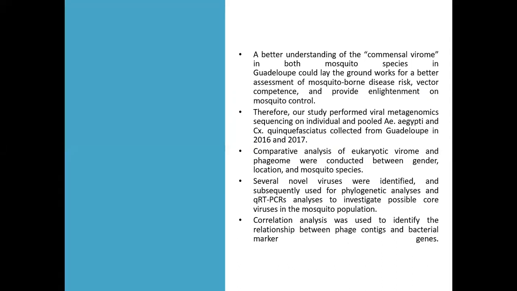So the objective of this study is to perform viral metagenomic sequencing on individual as well as pooled Aedes aegypti and Culex collected in the study area. Then there was a comparative analysis of the eukaryotic virome and the phageome between the gender and the location of the mosquito species.